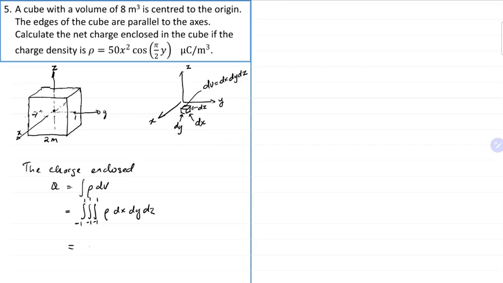Our rho is 50, a constant, so we can take that out of the integral. So we integrate x from -1 to 1, y from -1 to 1, and z from -1 to 1 of x squared cosine pi over 2 y dx dy dz.